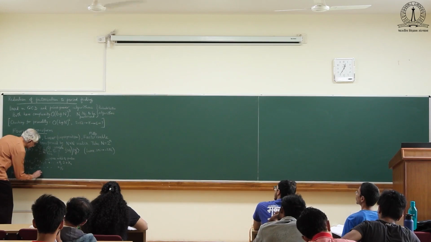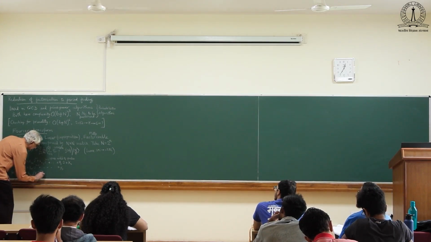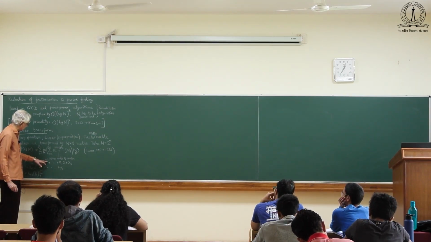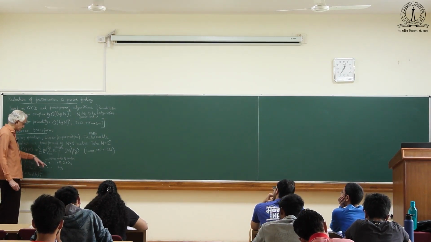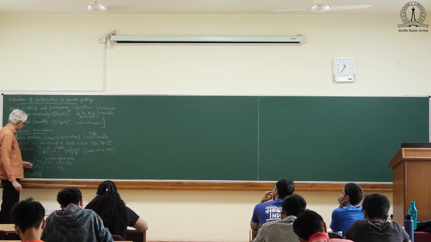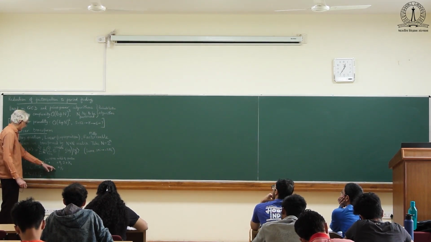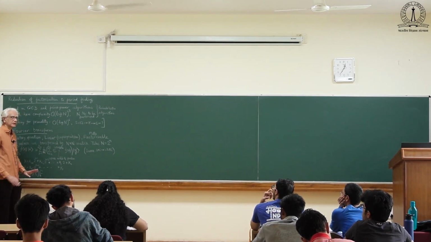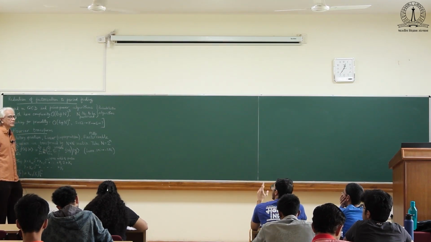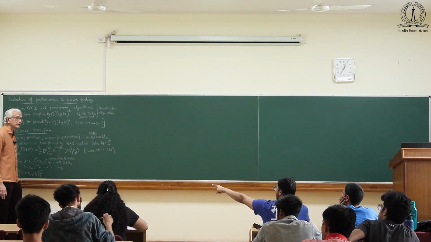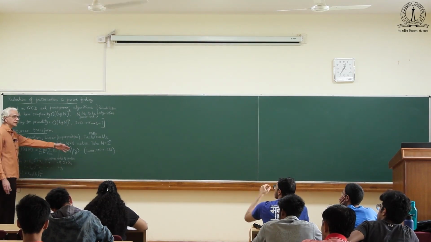It will be 2 raised to n minus 1 by n. Any other, if I take y1, it will become 2 raised to n, and then that becomes an integer. No good. Yeah, so I can continue all these things.